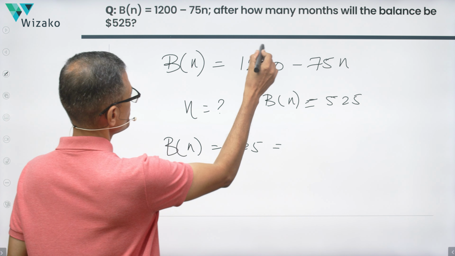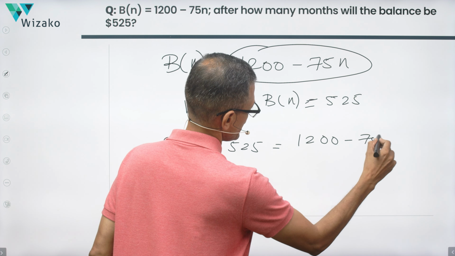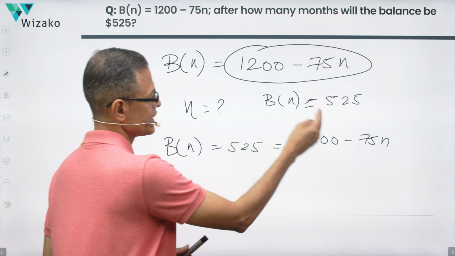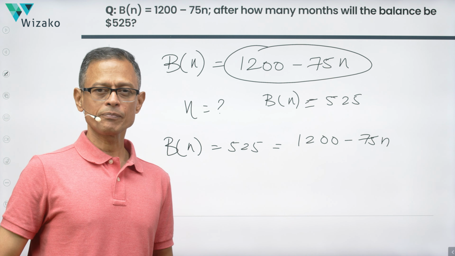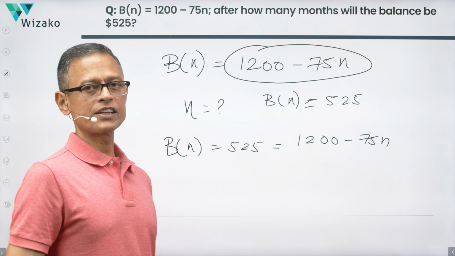The equation for B of n is 1200 minus 75n. So 525 equals 1200 minus 75n. Take this 525 to the right hand side and minus 75n to the left hand side.